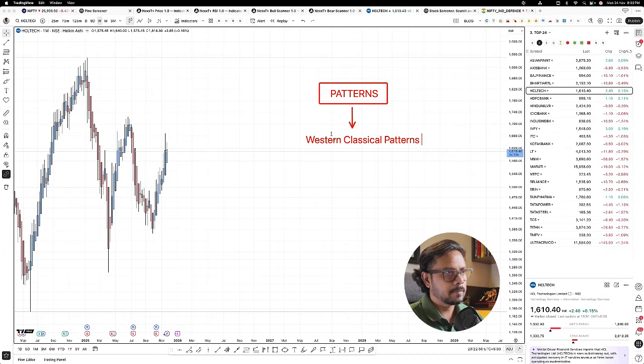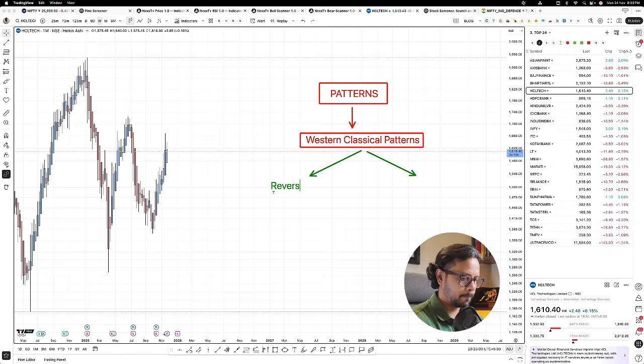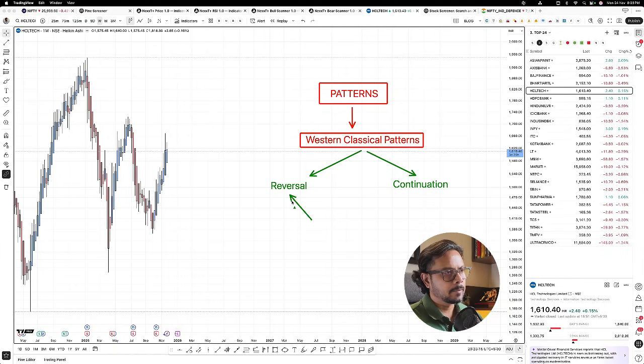Now, these Western classical patterns can be broken down into 2 main types. First is reversal patterns, and the second is continuation patterns. Reversal and continuation. In this video, I'm going to focus on the reversal side of it, and I'm going to use the head and shoulder pattern and the double top, double bottom pattern to explain this kind of reversal patterns.